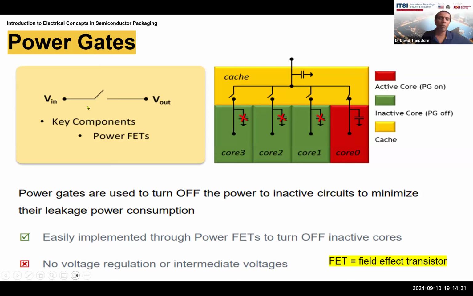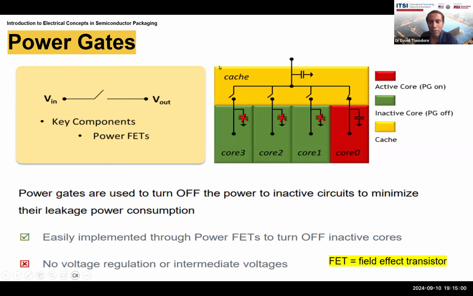A key component in a power gate is a power FET, a field effect transistor, that is able to handle high power. It can switch high power, and you build that into either the die, the logic chip, or onto an adjacent chip that's going to provide power to the logic chip. In this case, as a voltage, it behaves like a switch, so 20 volts in can give you 5 volts out, or some number like that.